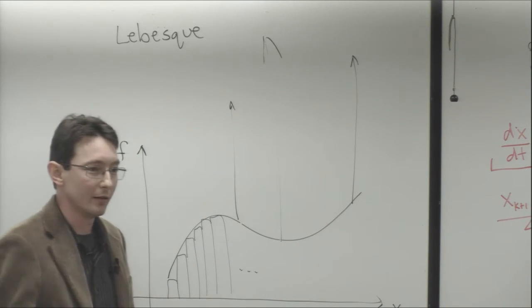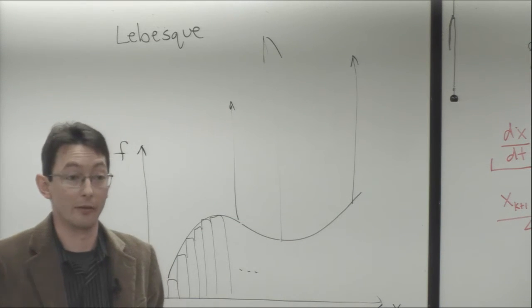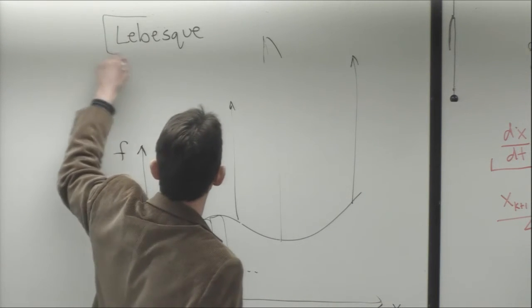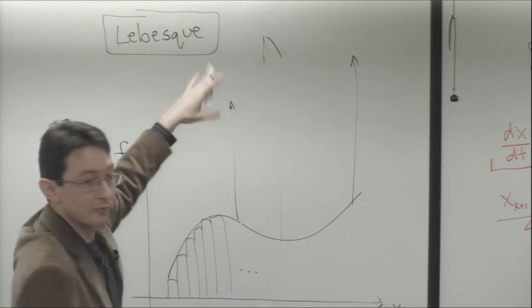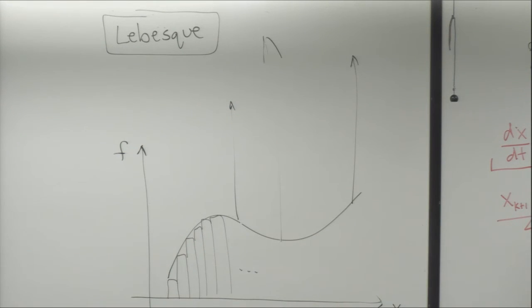Not something you need to know about, but in general, you should know that there are other types of integrals, and you could formulate this in other ways. And there's a whole very important theory of probability built on Lebesgue measures instead of Riemann measures, ways of measuring area.